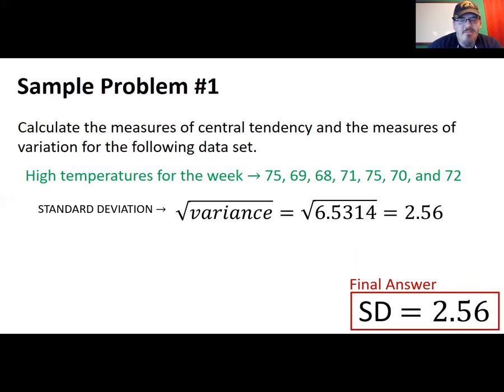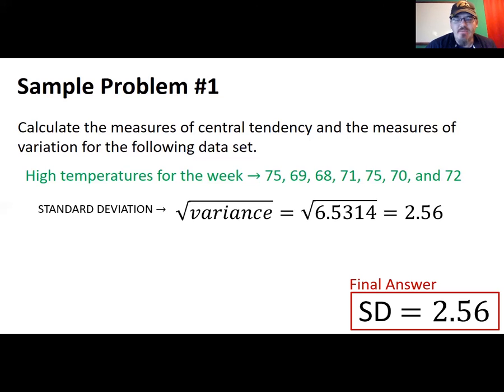Now, where you see the standard deviation used a lot is they'll usually say the mean of the data set is 71.4, and then the standard deviation is 2.56. You might see something like 71.4 plus or minus 2.56. It gives you a range where most of the values tend to fall.